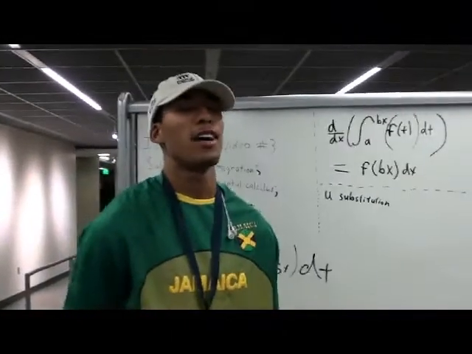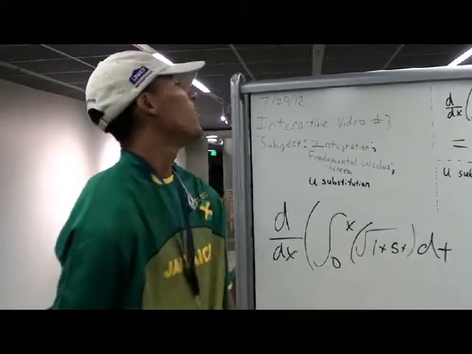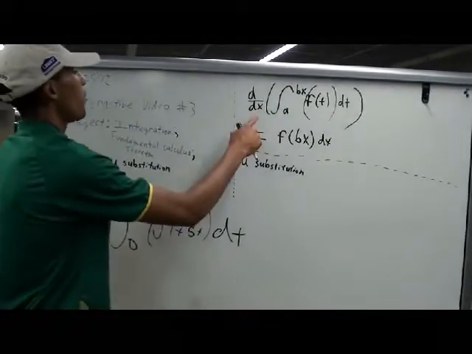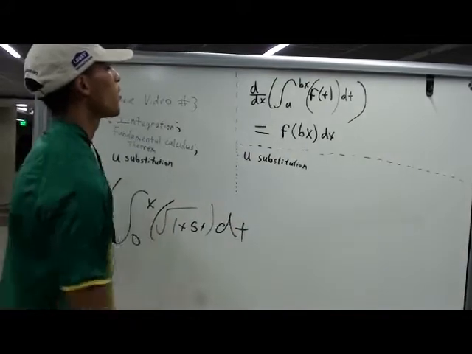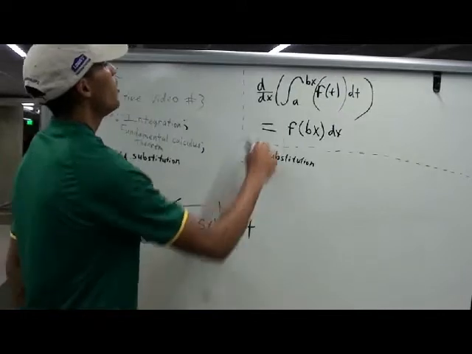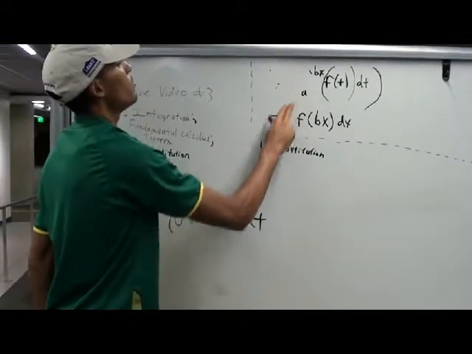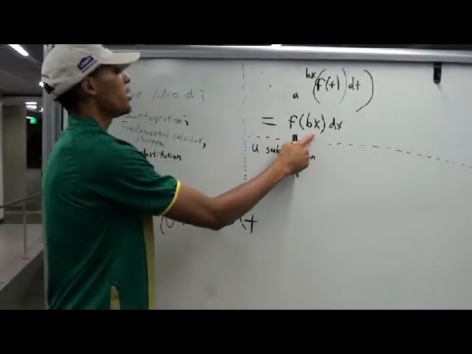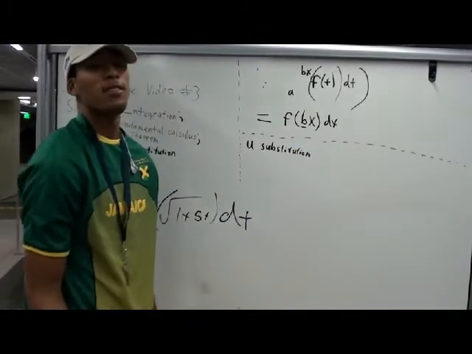Well, I have good news for you guys. There's a rule for this. You don't have to know why it works, you just memorize this. So let's look up here at our basic formula. When you take the derivative of an integral with bounds in terms of one variable, the derivative and the integral cancel each other out, but b of x will actually go into here, and remember b is just like another constant.